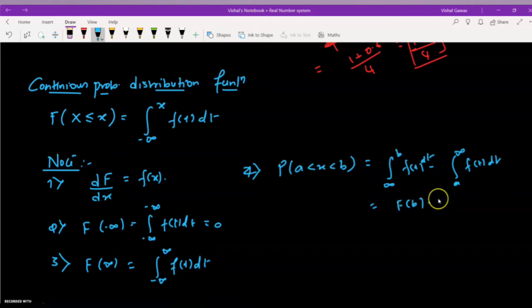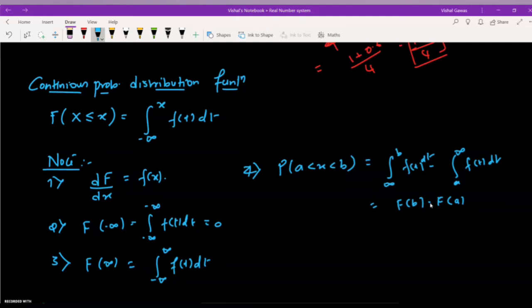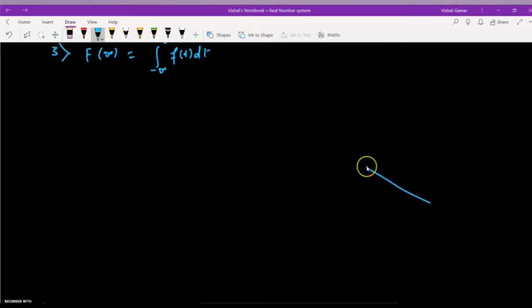It is F of B minus F of A. If the continuous probability distribution function is given, then you just have to plug in B and A, and look at F of B minus F of A, and you get the answer. Just remember this formula as long as possible. It's more than enough.